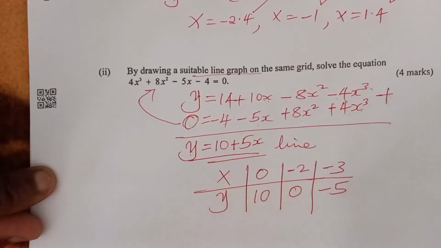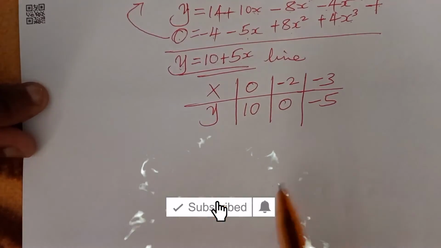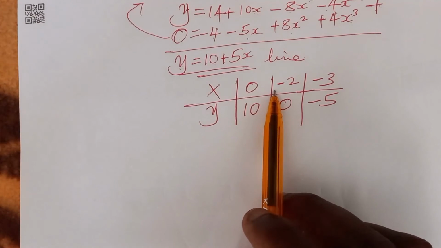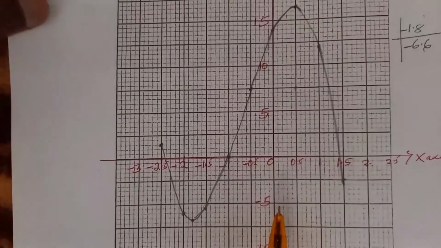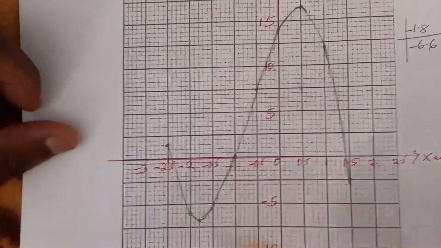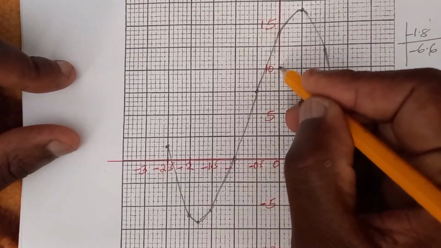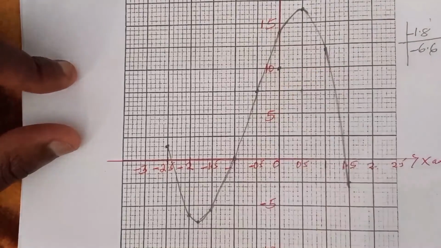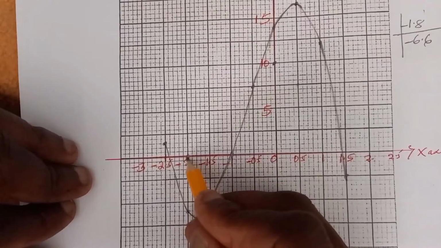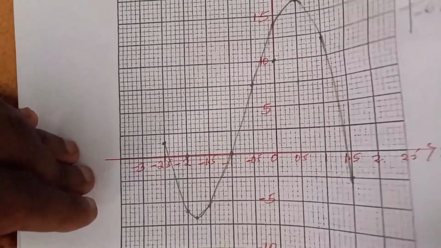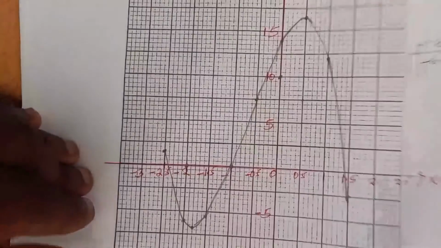So now using these, you can draw that straight line and get the solution. So let me draw the straight line. So I have 0, 10. So 0, 10 is that point there. Then the other one is negative 2, 0. Negative 2, 0 is here. And the last one is negative 3, negative 5.